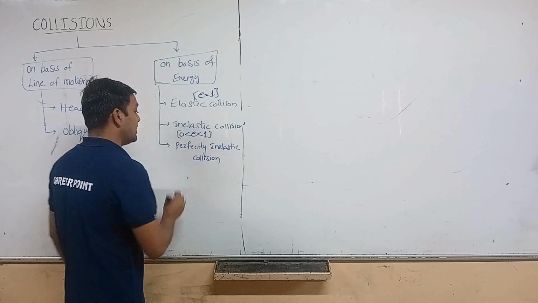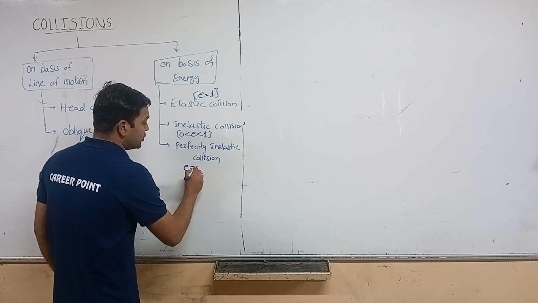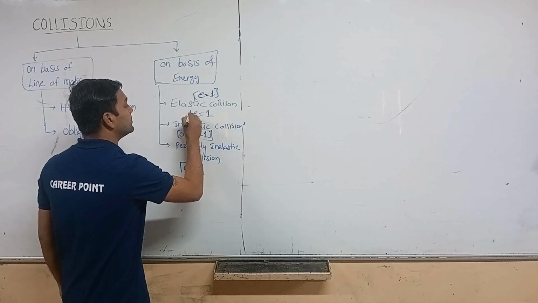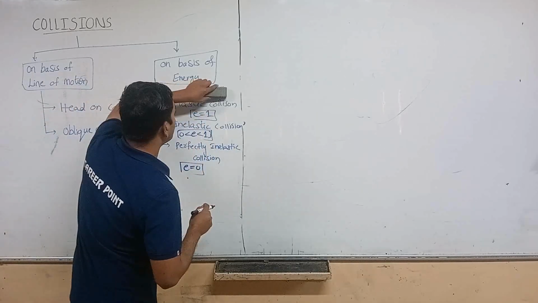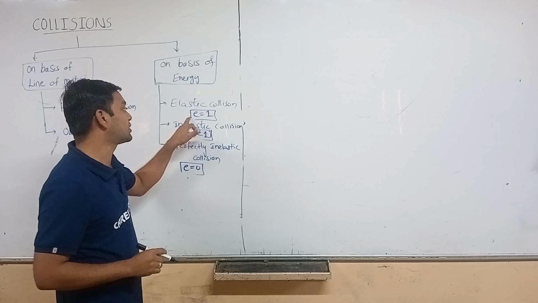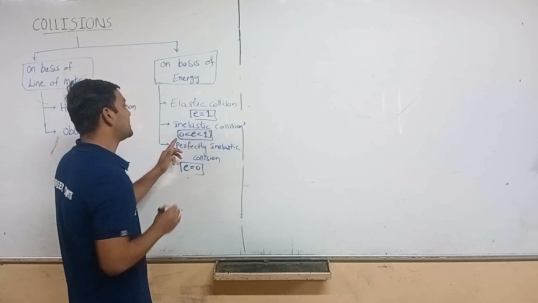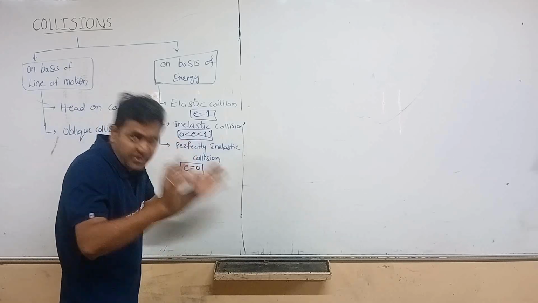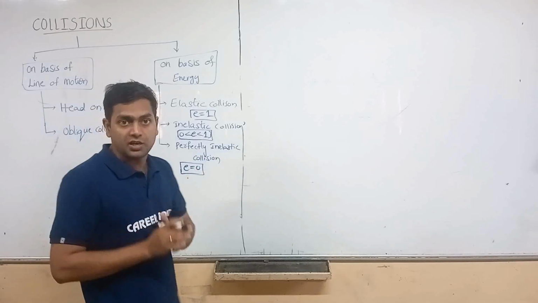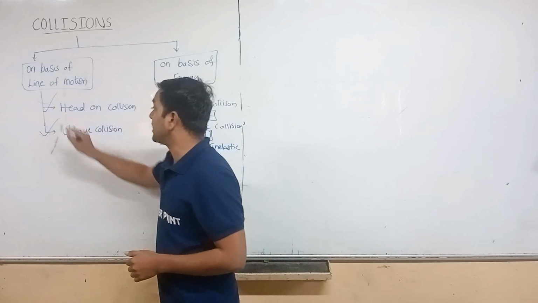For perfectly inelastic collision, the E value should be equal to 0. So first we will see head-on collision, and next we will see oblique collision.